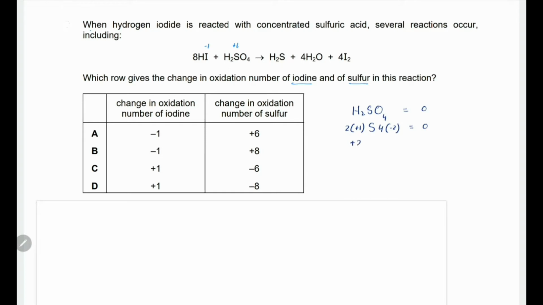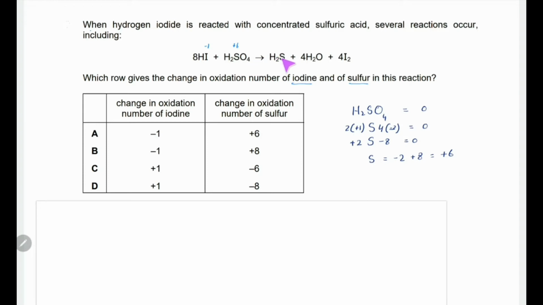This becomes +2 plus sulfur, and this becomes -8, equals 0. Now move -8 and +2 to the right side. Sulfur is equal to, when +2 moves to the right, you will get -2 and -8 will become +8. So you will get +6, the oxidation state of sulfur in H2SO4.